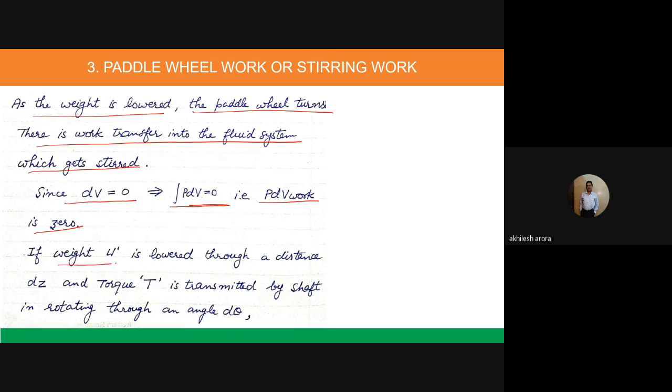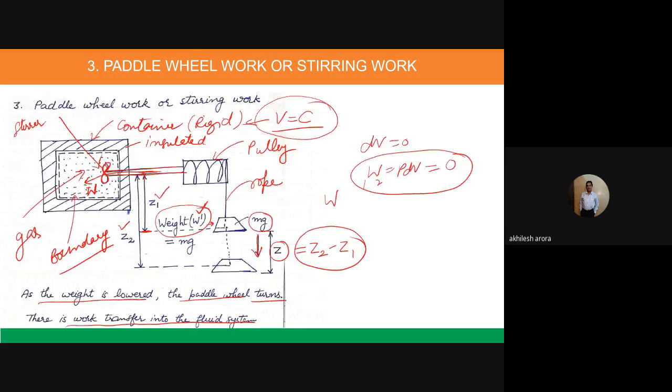Here I have shown that the total lowering of the weight is equal to z. If I consider a very small displacement of this weight, let us say dz, I would be able to calculate how much work is done on the system.